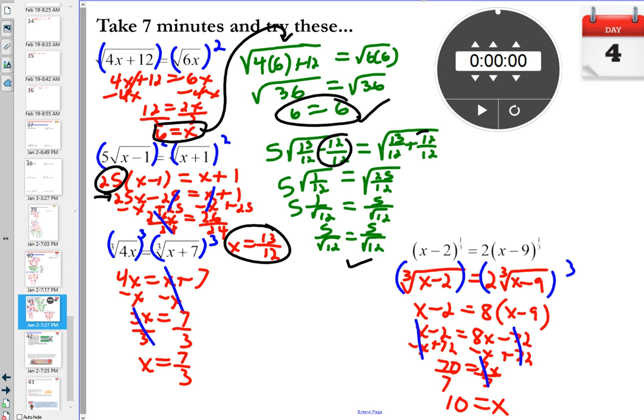Whoa, hey, where'd you get this 12 over 12 from? It's 1. There's ones here. But I write it as 12 over 12 so I have a common denominator. And look, what are we doing when we're checking? I asked you yesterday, what are we doing when we're solving? You're isolating. But when we're checking, we're not solving.